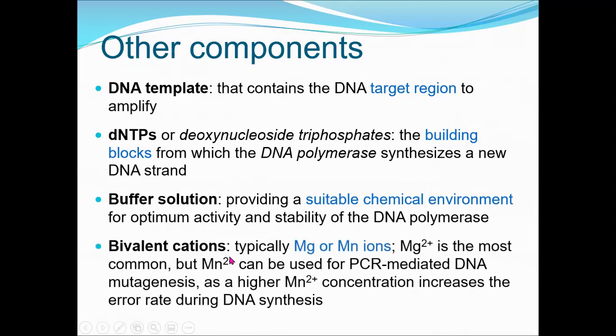Some bivalent cations are also used as cofactors, like magnesium or manganese ions. Magnesium is most commonly used. Manganese can also be used for mutagenesis because a higher manganese concentration is associated with a higher error rate.